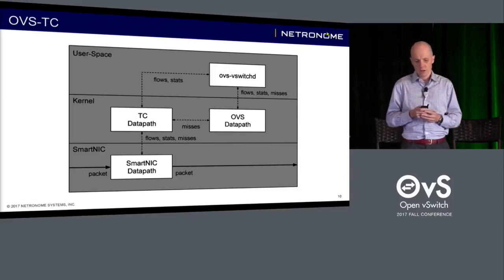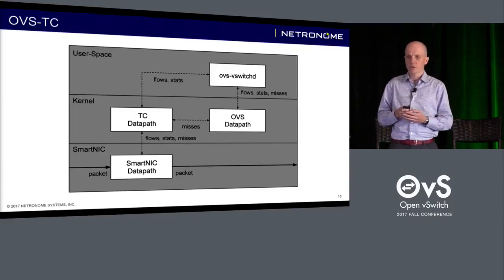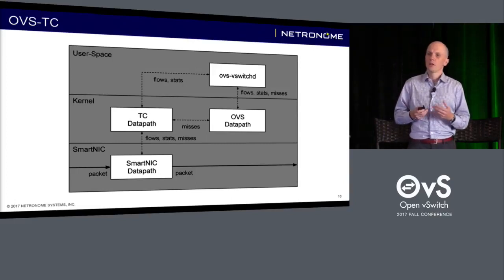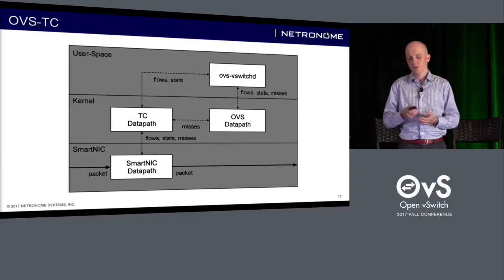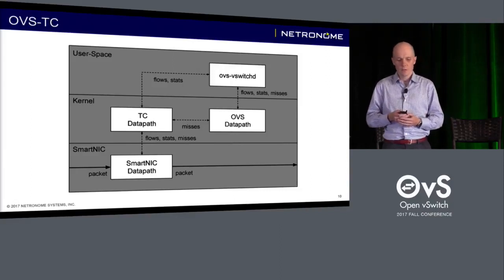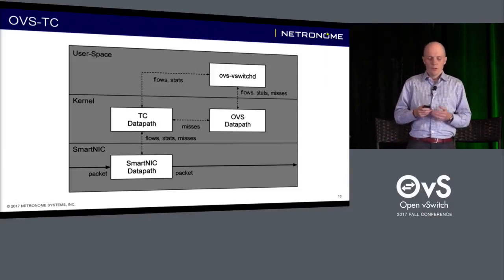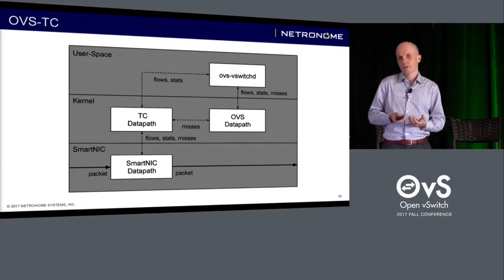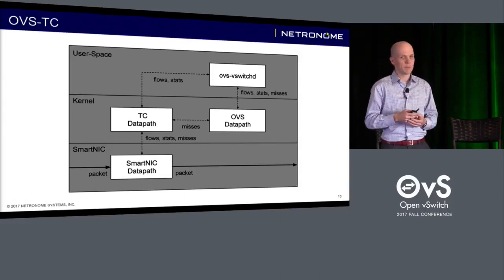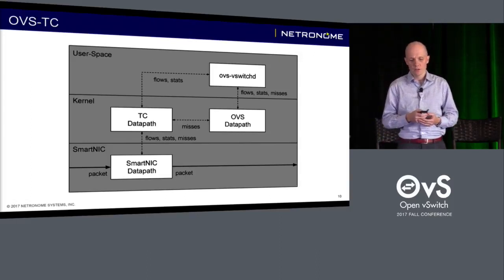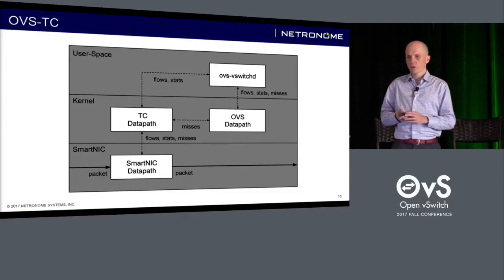So in this model, a packet comes into the system. If the flow exists in the hardware, it's forwarded directly and never touches, doesn't have to go across the PCI bus and so on. This is the best case scenario. If the flow is unknown, then it gets pushed up to the kernel. It's run through the TC data path, but as I mentioned, that's usually empty, so it doesn't do anything. Then it goes to the OVS kernel data path.